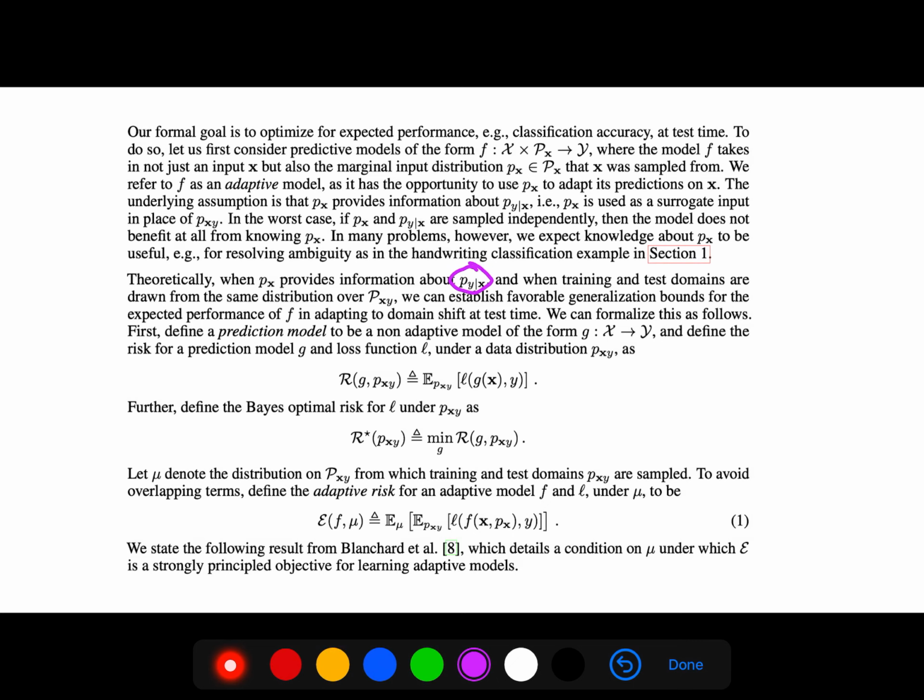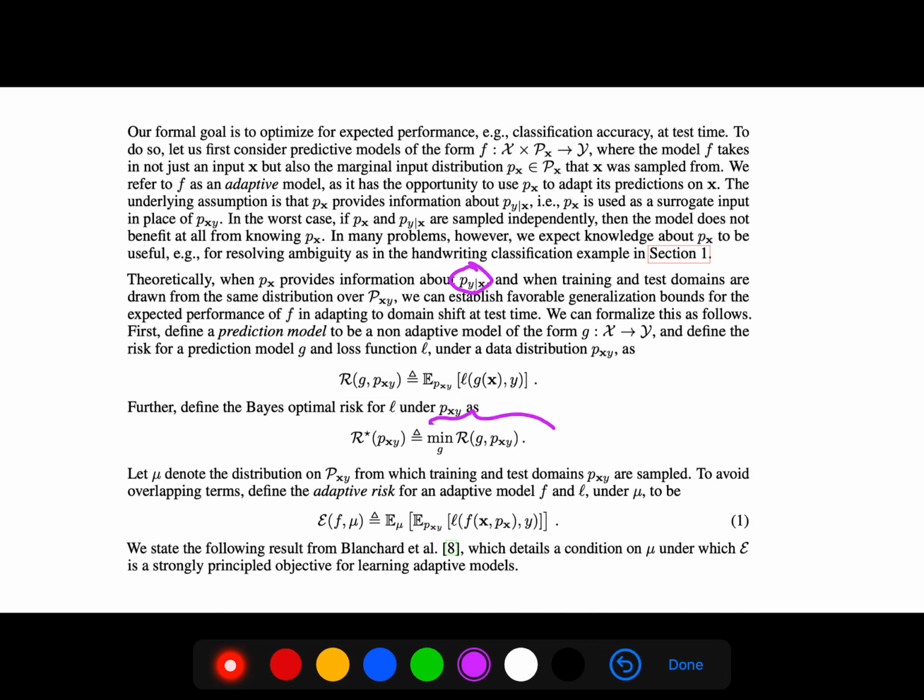We first define a prediction model to be a non-adaptive model, and define the risk for a prediction model G and loss function under a data distribution. Then we define a base optimal risk like this minimization.